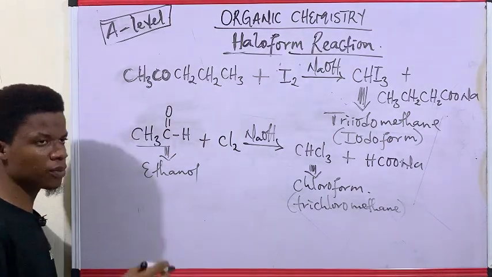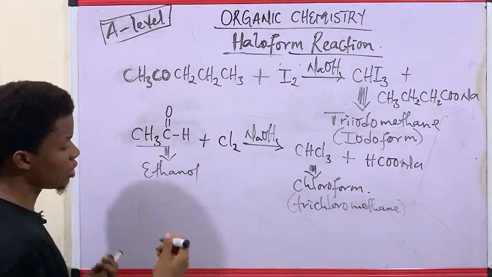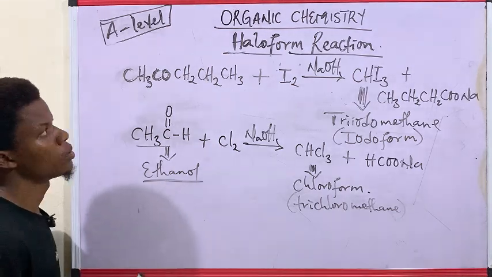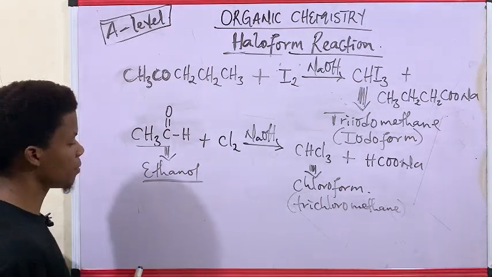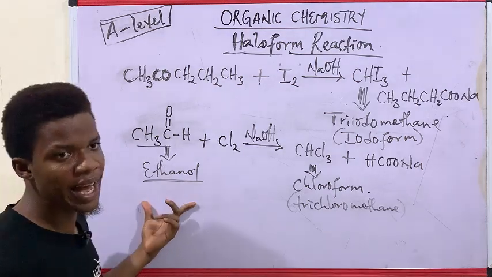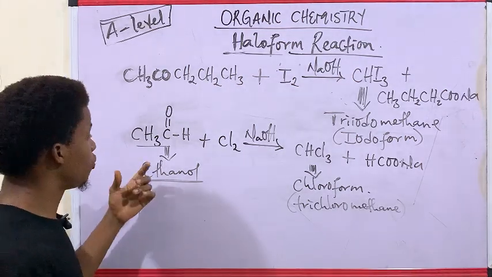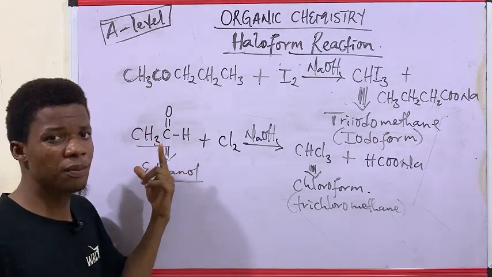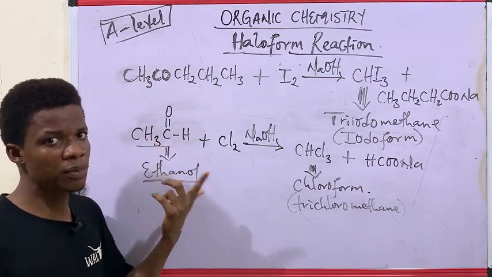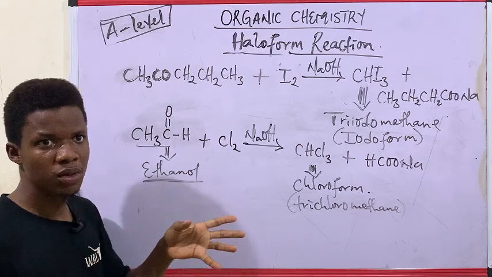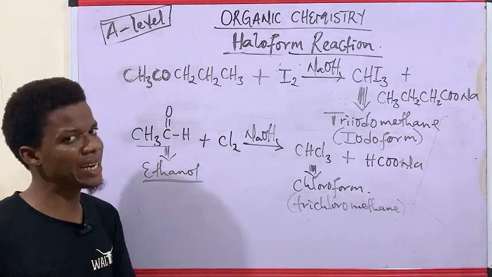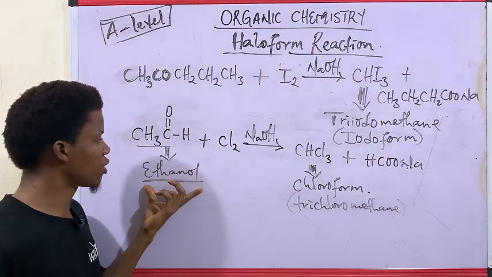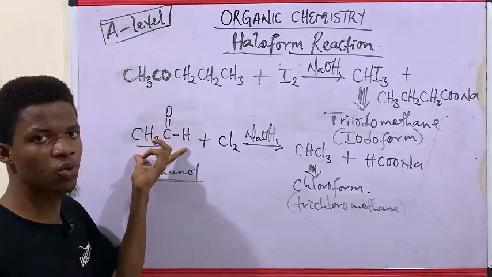Now ethanal can be gotten from the oxidation of ethanol. So ethanol can also undergo haloform reaction, simply because ethanol can be oxidized to a carbonyl compound which has a methyl carbonyl group. It does not just have to be a methyl ketone. Ketone is a carbonyl compound, part of the carbonyl family. Aldehydes and ketones are the main carbonyl families.